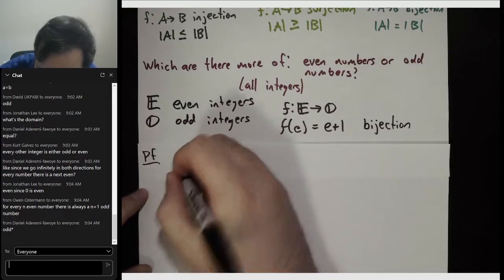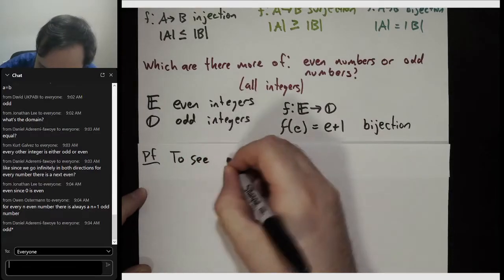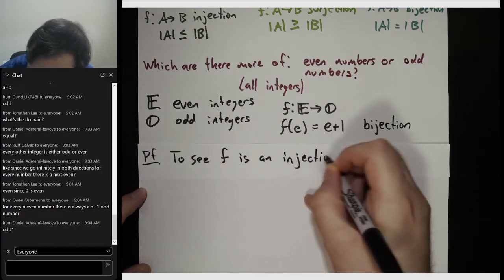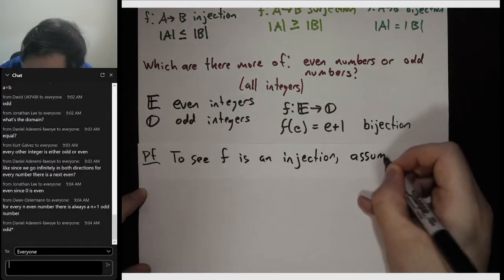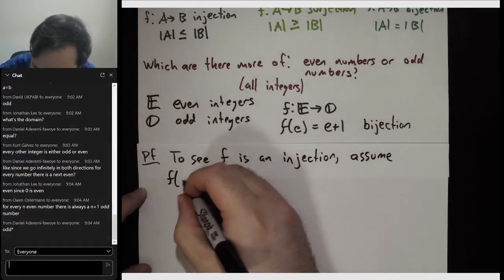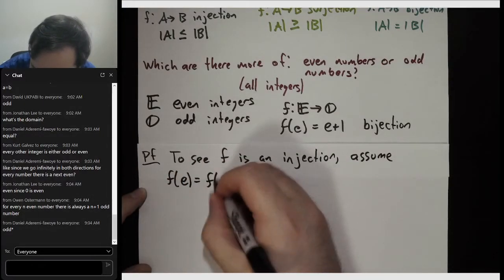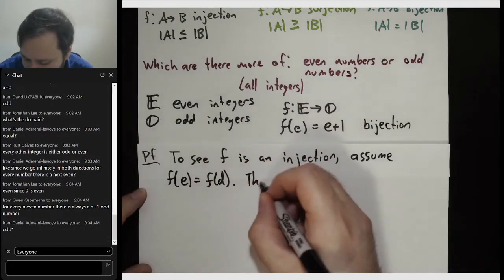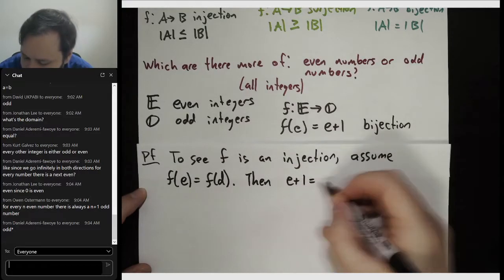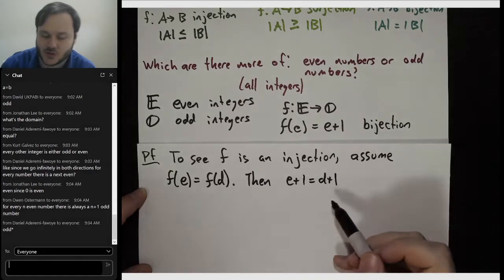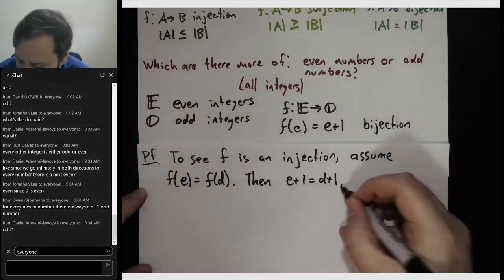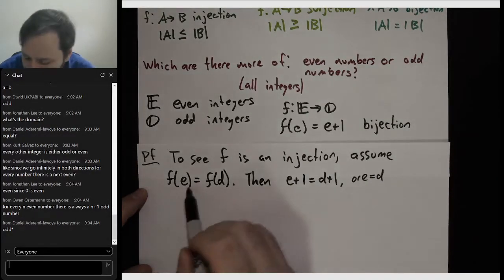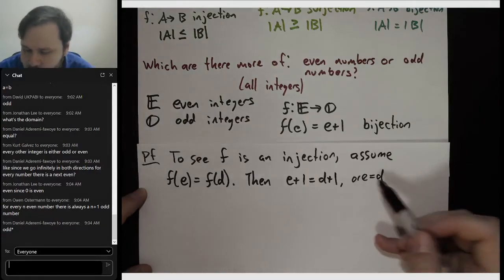So to see that f is an injection, assume that f of e is equal to f of d. Then e plus 1 is equal to d plus 1, because that's what my function does, or e is equal to d. So if my outputs are the same, that means my inputs were the same.